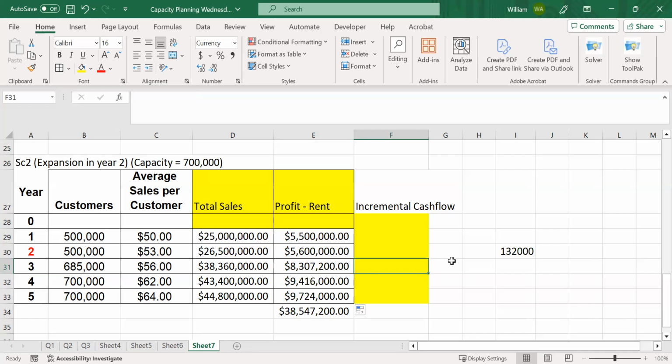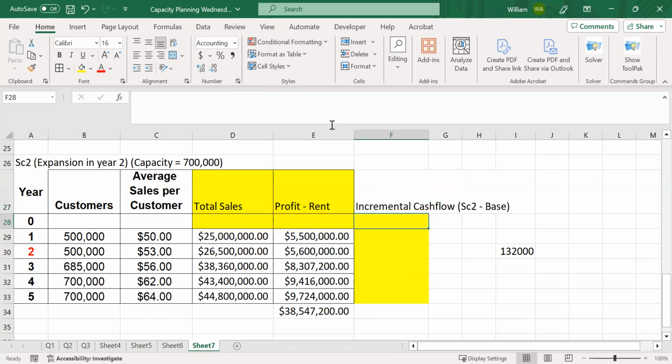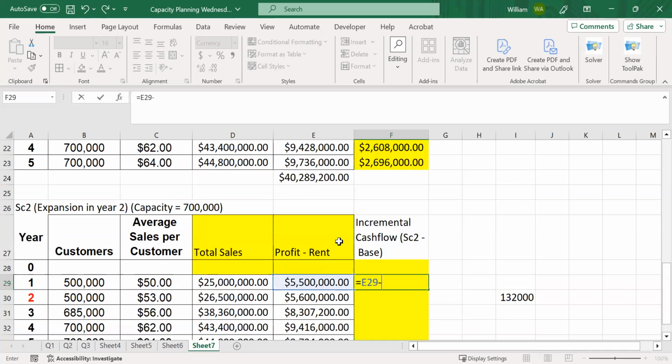The next thing I want to do is calculate my incremental cash flow. And again, this incremental cash flow is the difference between scenario 2 minus the base scenario. So I'm going to subtract the base amount from year one's profit.